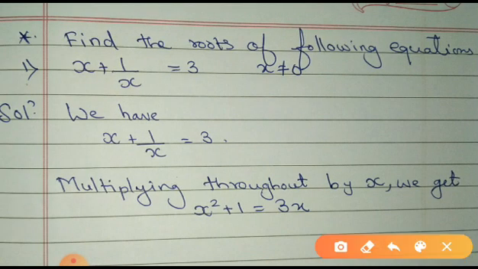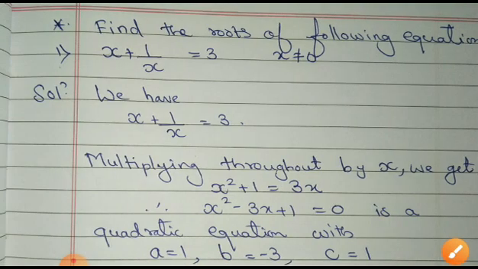So you will get the equation x square plus 1 equal to 3x. But is that in our standard form? No. So rewrite it in the standard form and you will get x square minus 3x plus 1 equal to 0.